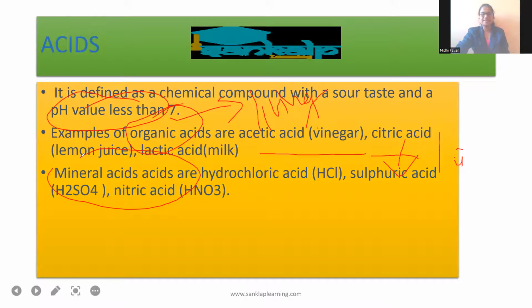We have many examples for mineral acids like hydrochloric acid, sulfuric acid, nitric acid, phosphoric acid. Whenever these acids are dissolved in water, they give H plus ions. That is why acids are the substances which give H plus ions.